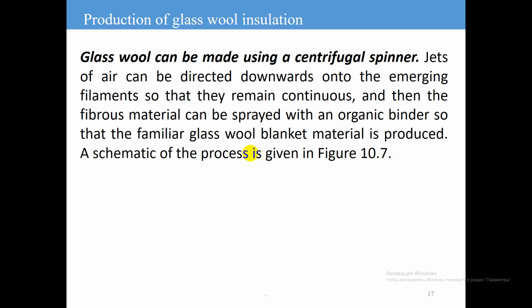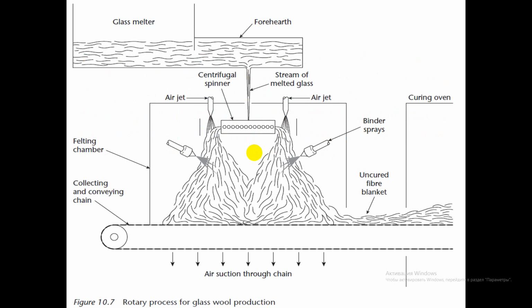A schematic of the process is given in this figure, a rotary process for glass wool production. Glass wool works as insulation because of the pockets of air trapped in the mass of fibers.